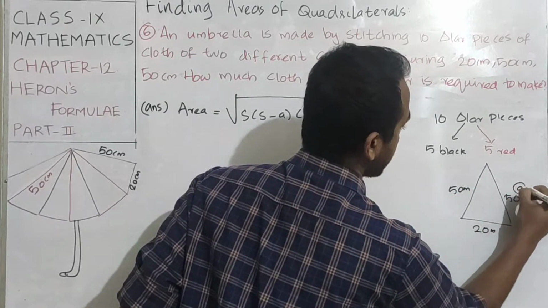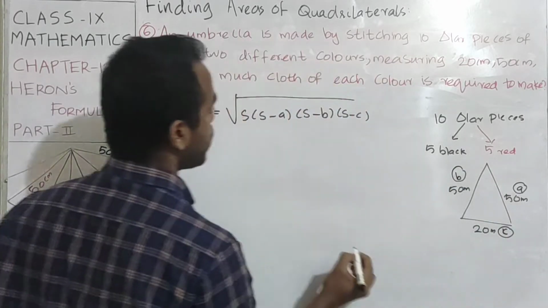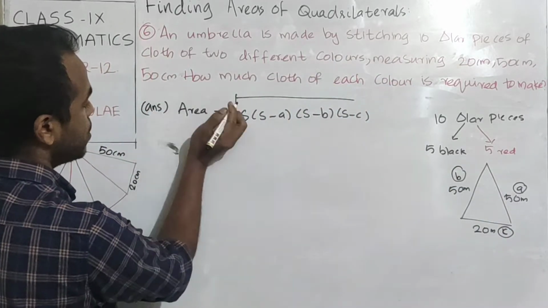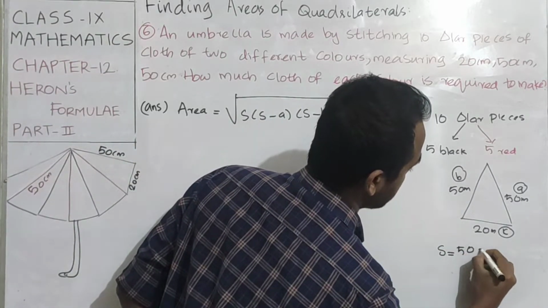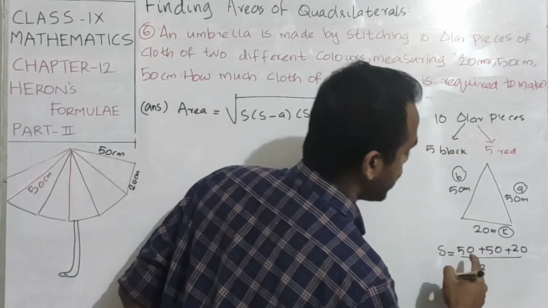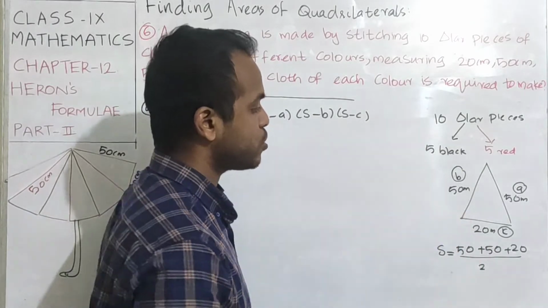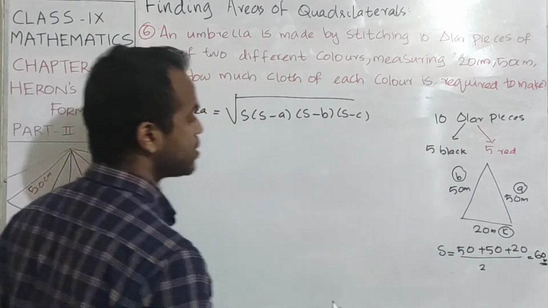So let this be our A, B and C. Then what is the semi-perimeter? Semi-perimeter is better to find in the working column itself. Semi-perimeter is 50 plus 50 plus 20 whole divided by 2. 50 plus 50 is 100, 100 plus 20 is 120, 120 by 2 is 60 meters. So we have found the semi-perimeter.